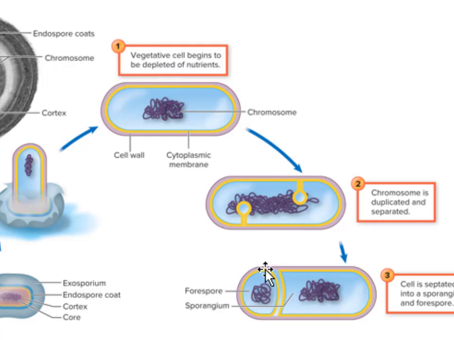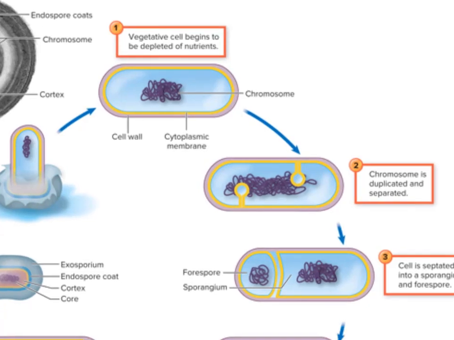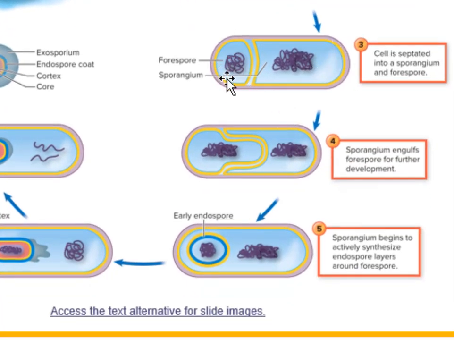So the cytoplasm is divided asymmetrically into a forespore, which is smaller, and a sporangium. The sporangium, or mother cell, engulfs the spore. So the larger section engulfs the smaller.